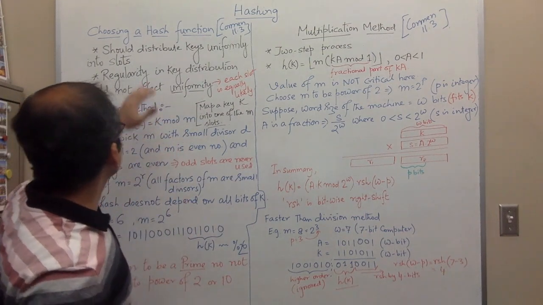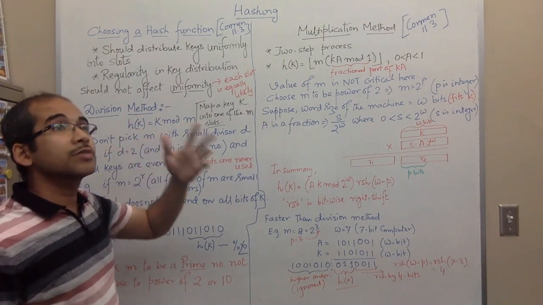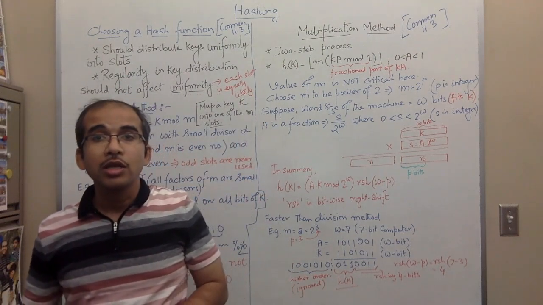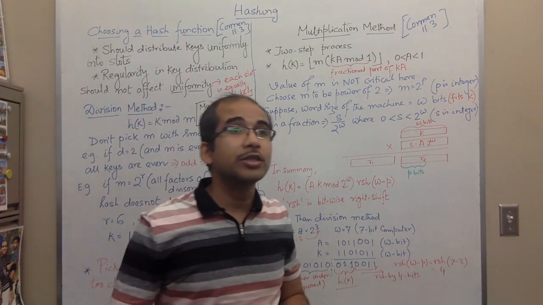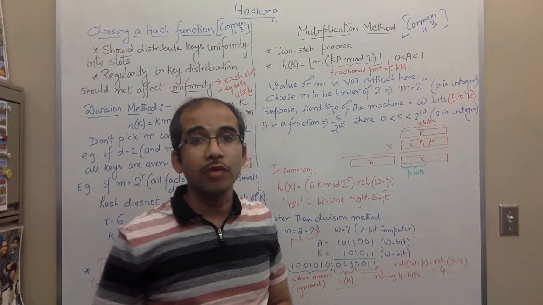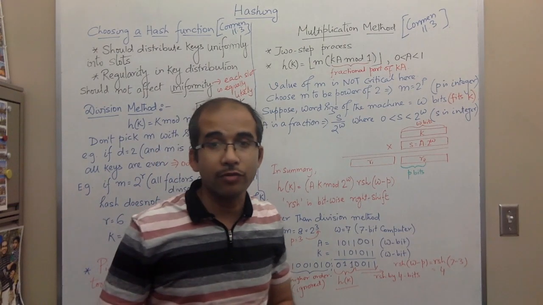Now this concept of simple uniform hashing would be realistically possible if we knew the probability distribution of the incoming keys, and then we could really achieve simple uniform hashing.